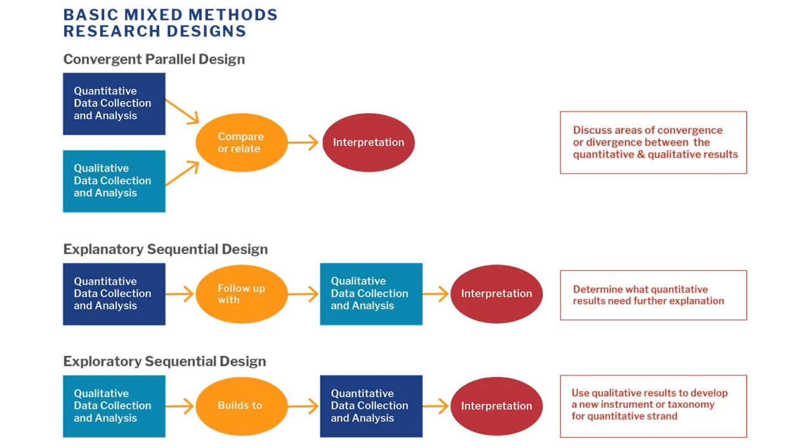So there's then a convergence between the quantitative and the qualitative results, whereas in explanatory sequential designs, you would start with the quantitative aspect, which would usually have more weight, and then the qualitative analysis would lead to the interpretation.